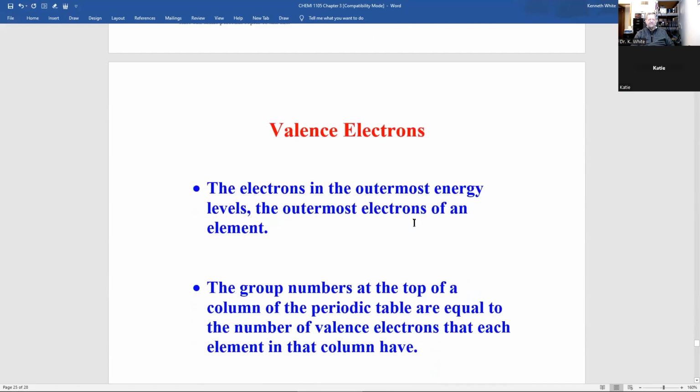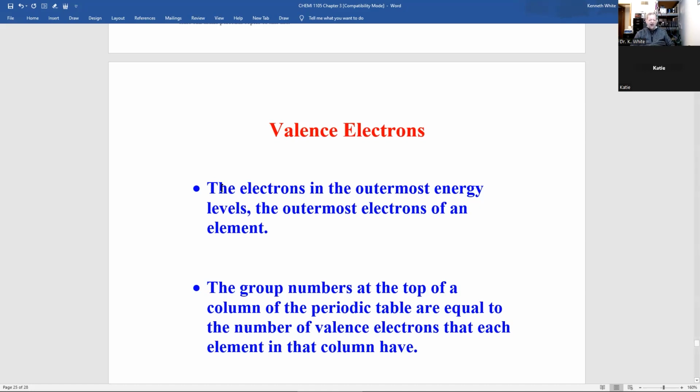All right, let's move on. Switch is on full time. Let's talk about valence electrons. These are the most important electrons in Dr. White's mind in an atom.